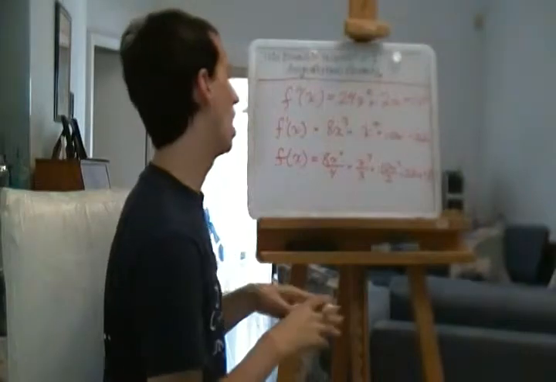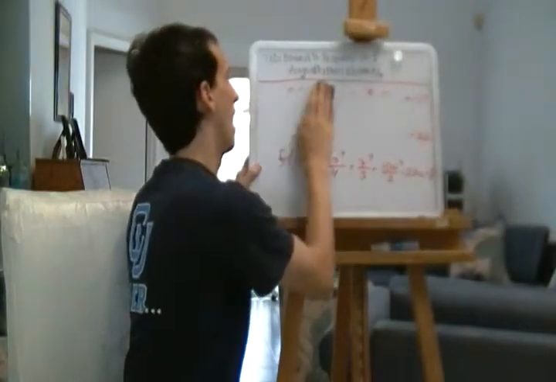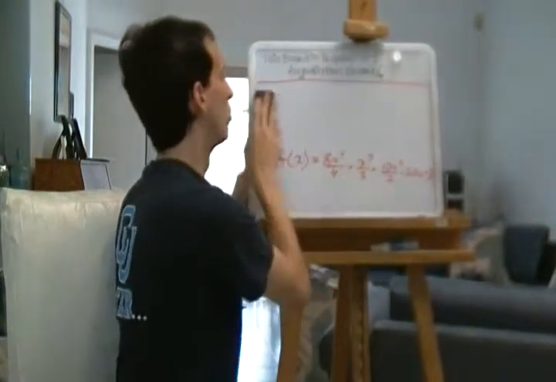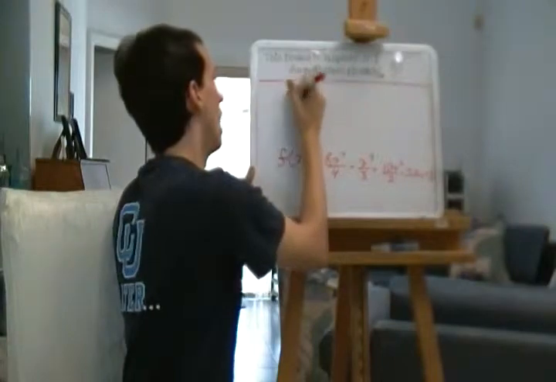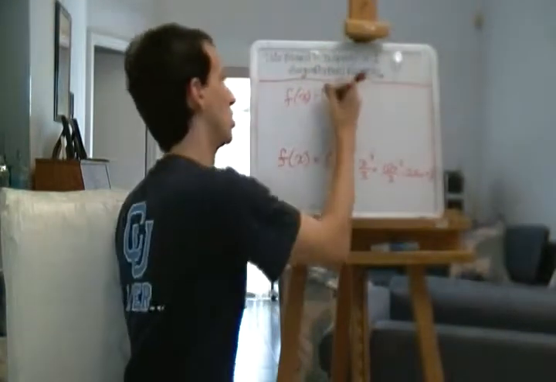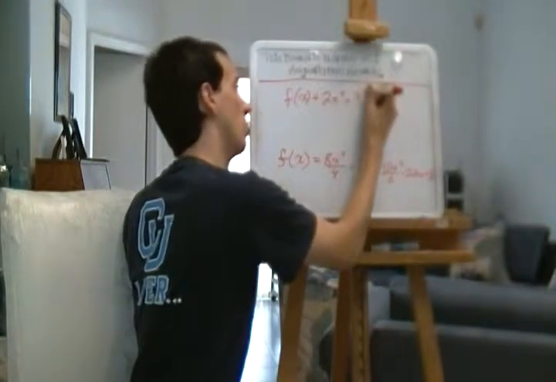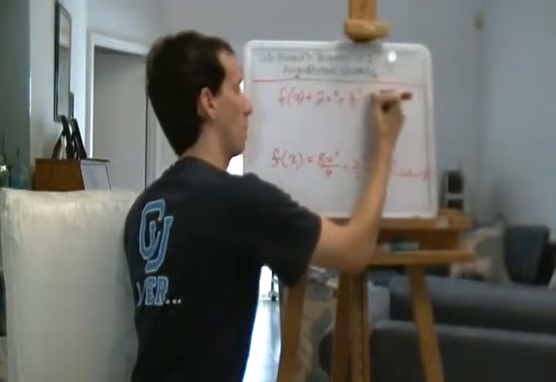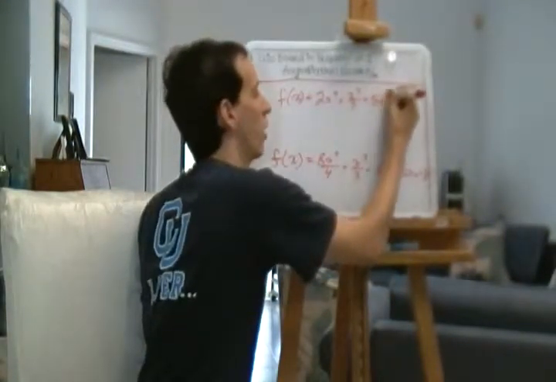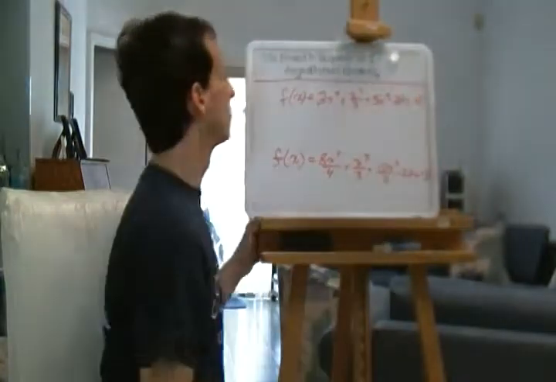Alright, well, what do we know? First of all, let's rewrite f of x as something more simplified so we can reduce some of these fractions. f of x equals 8 divided by 4 is just 2, so 2x to the 4th plus x cubed over 3 plus 10 divided by 2, 5x squared, minus 22x plus d.